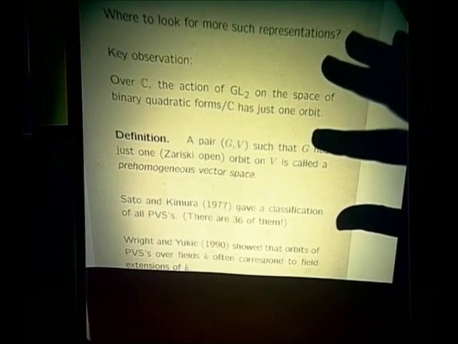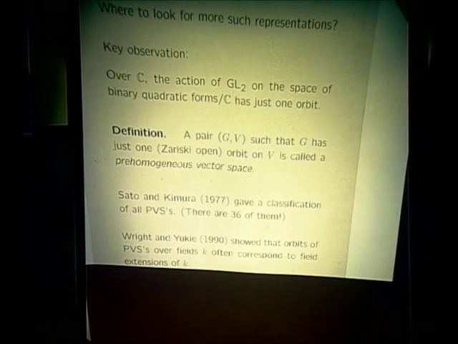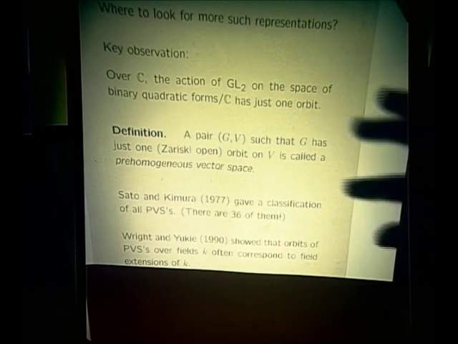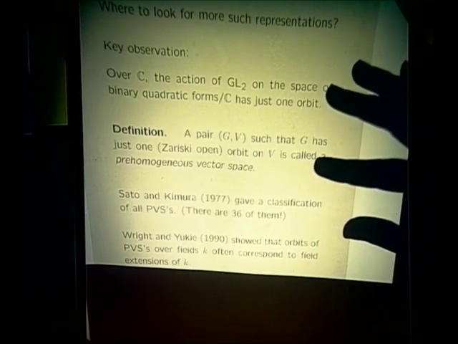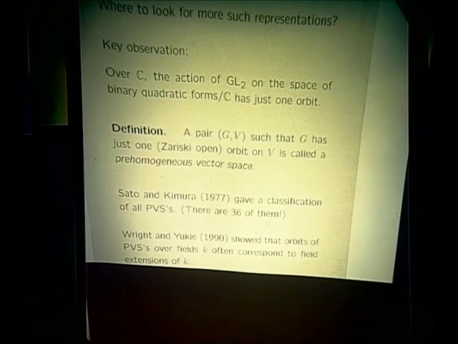This was studied by Wright and Yukie in 1990. They showed that orbits of several of these prehomogeneous vector spaces over, say, the rational numbers corresponded to field extensions of the base field. So over Q, the orbits corresponded to field extensions of Q of a given degree, the degree being 2, 3, 4, or 5, or 1 sometimes.